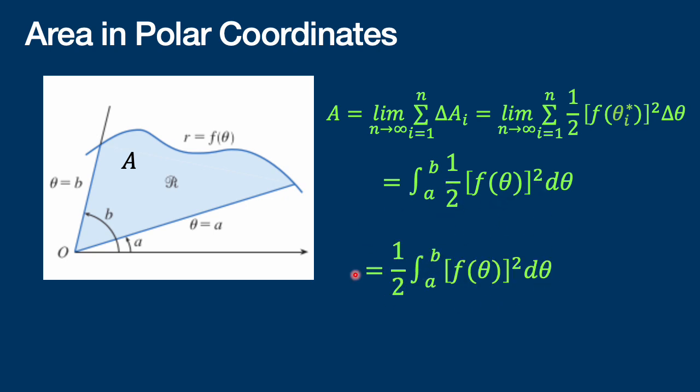So this is the area bounded by r equals f of theta, theta equals a, theta equals b. Another way to write this is the integral from a to b of 1/2 r squared d theta, because r is f of theta.